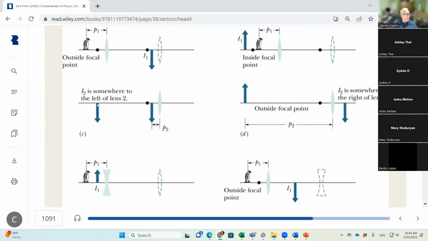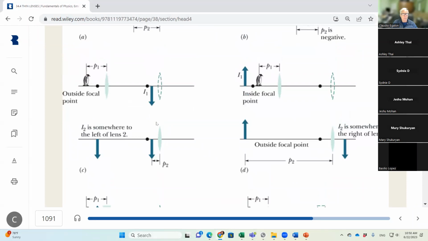And here's the image that you see. You see a magnified image. And the object here is also considered real, right?